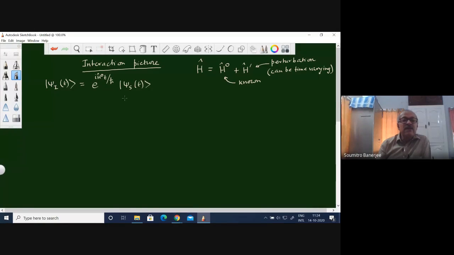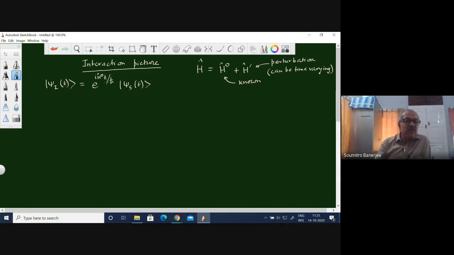So what is the difference? The difference is that in case of the Heisenberg picture, this was the actual Hamiltonian. But in this case, we have broken up the Hamiltonian into two parts. One is the simpler part, another is the perturbation part, or this is also called the interaction part. So we are defining the psi in the interaction picture using only the known part.